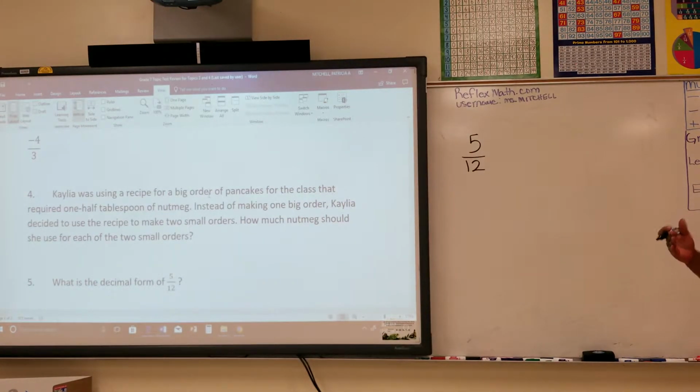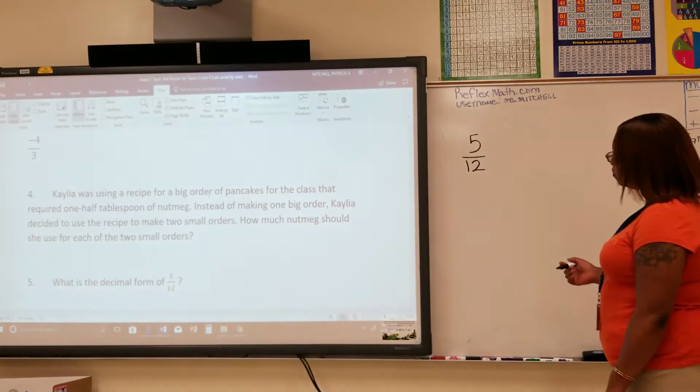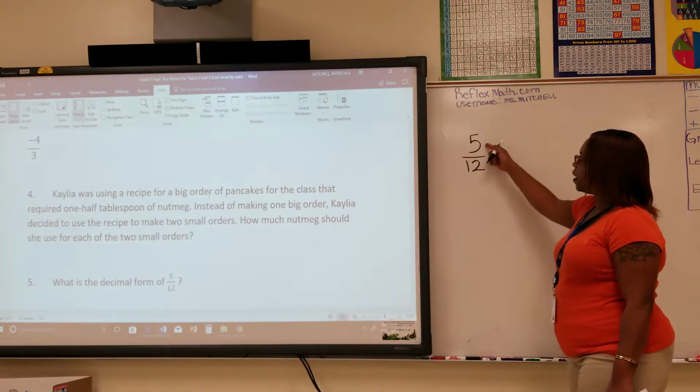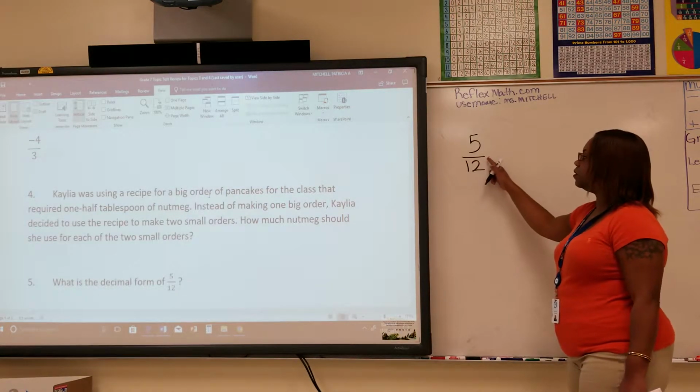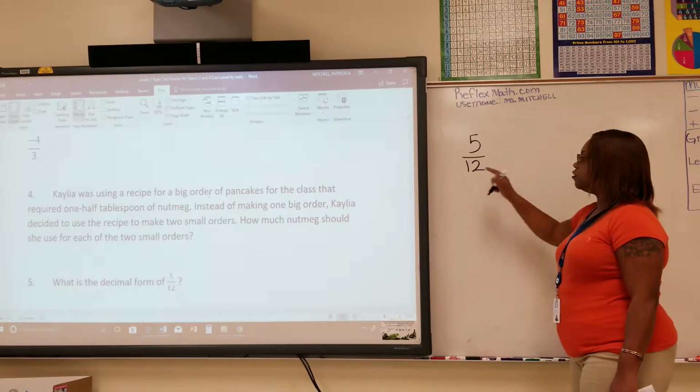So when we input 5/12 into the calculator, okay, we're taking the decimal form. That means that we have to divide, okay? We're going to put 5 into the calculator, hit divide, because that's what this line means. It means divide, and then 12.